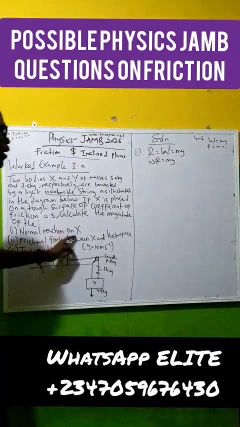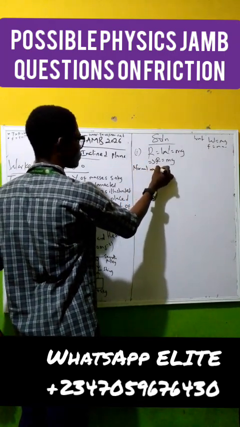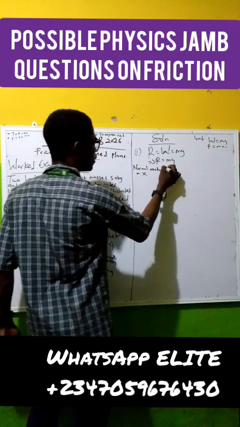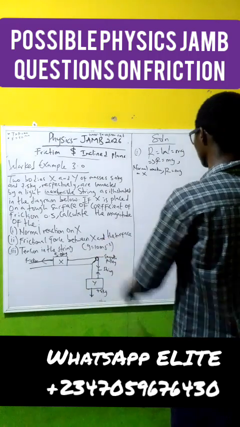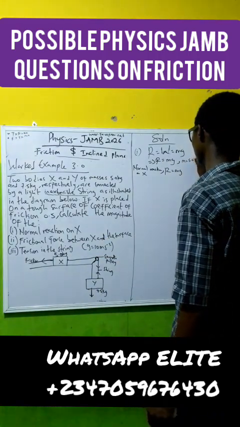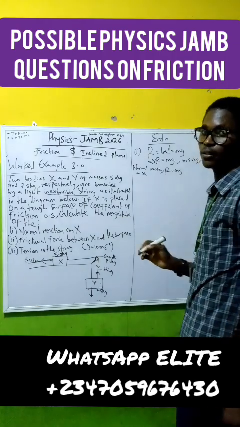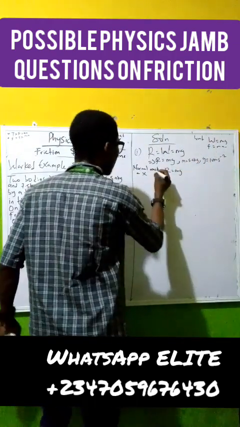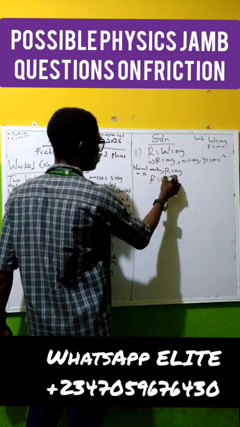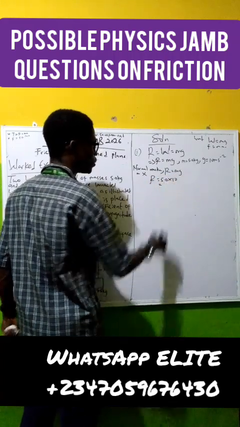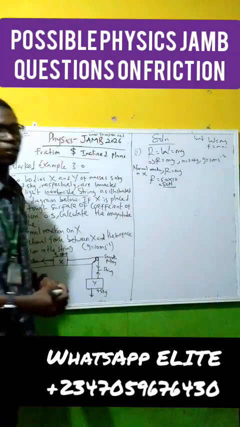We are looking for the normal reaction on X, where the mass of X is 5.0 kg and g is constant at 10 meters per second squared. Take note of that. So R equals 5.0 multiplied by 10, which gives us 50 Newton. That is our normal reaction on X.